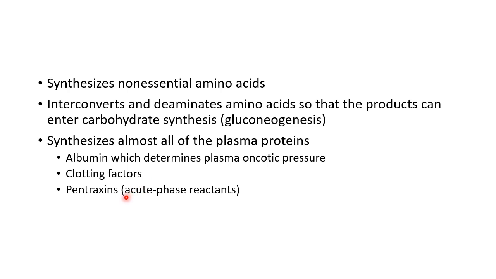And via the action of interleukin 6, the liver synthesizes the acute phase reactants, which are collectively called the pentraxins. Kasama dyan yung mga complement proteins at saka yung C-reactive protein. Those are synthesized by the liver in response to an inflammatory mediator, which is interleukin 6.